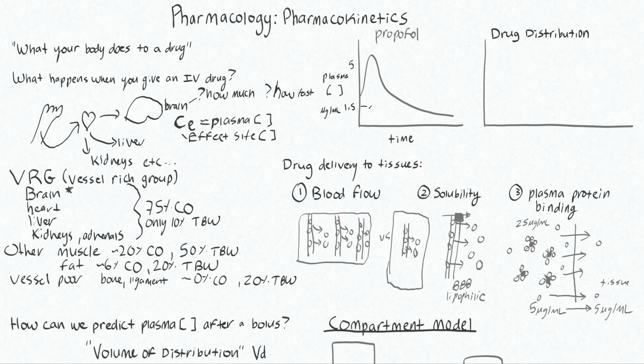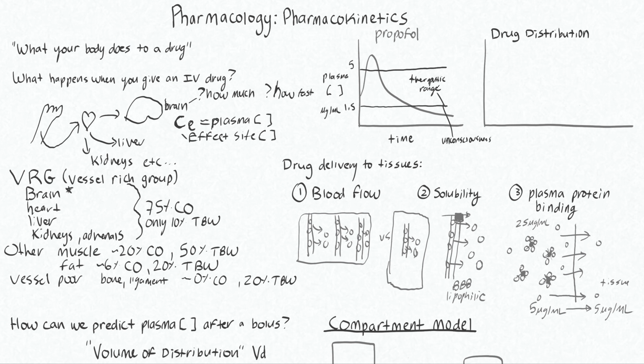Let's say our therapeutic range for propofol is in here. Here we'll just define what we're looking for as unconsciousness, so this is the therapeutic range for unconsciousness. You could define a different therapeutic range, one that maybe causes amnesia, and that will be much lower.